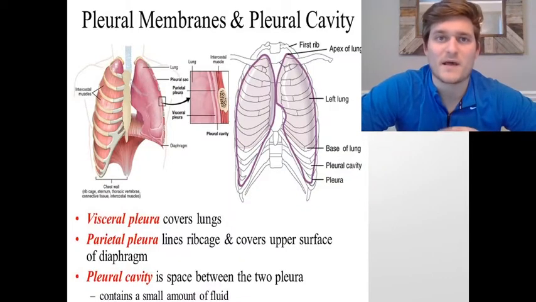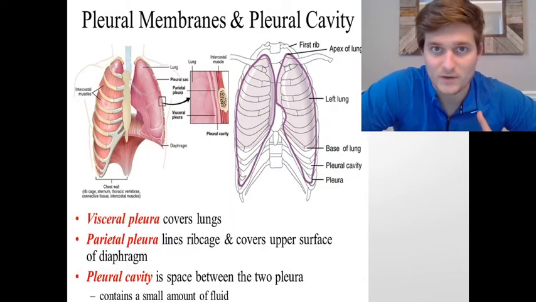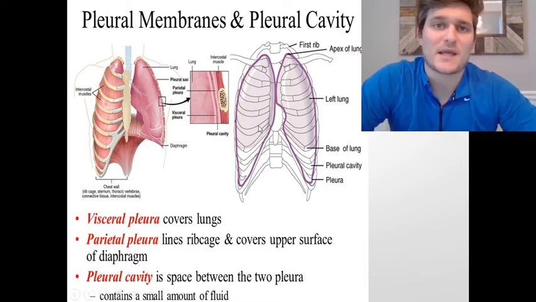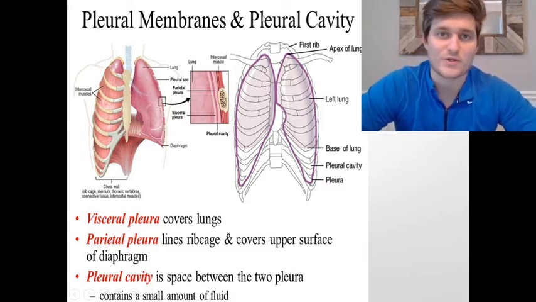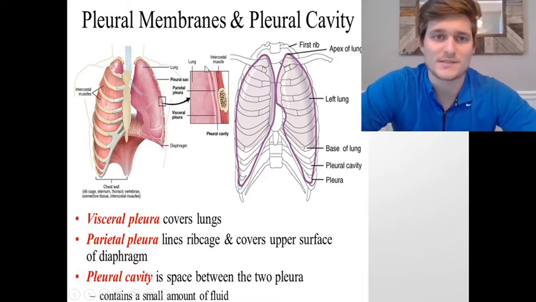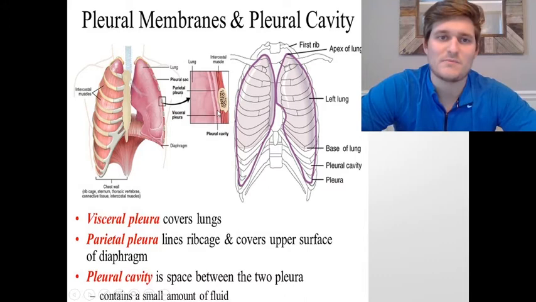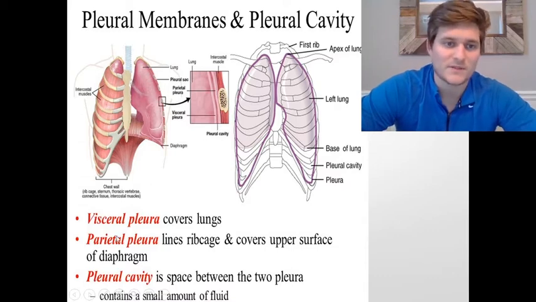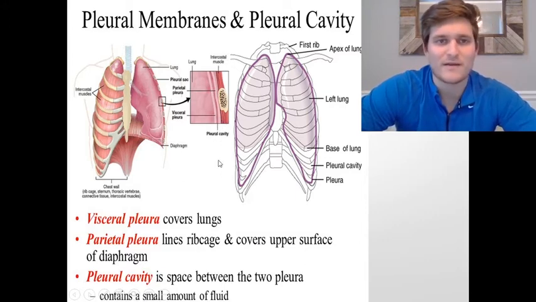First, let's talk about intrapleural pressure and alveolar pressure. So when I say the pleural pressure, what I'm referring to is this space or this cavity that falls in between the two membranes, the two pleural membranes that we discussed and brought up earlier. The visceral pleura lines the lungs, and the parietal pleura lines the rib cage and covers the upper surface of the diaphragm.